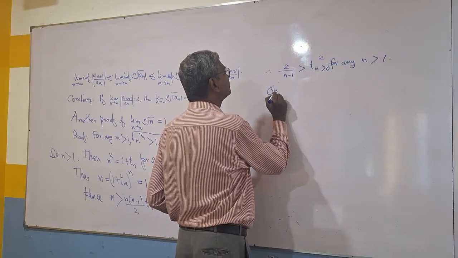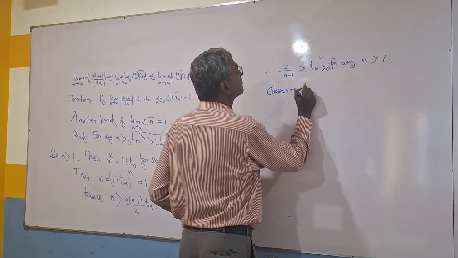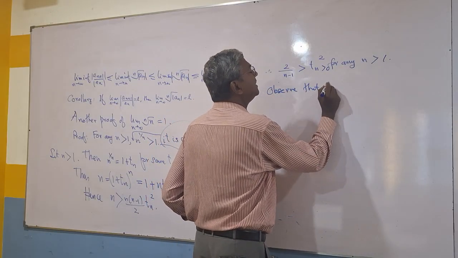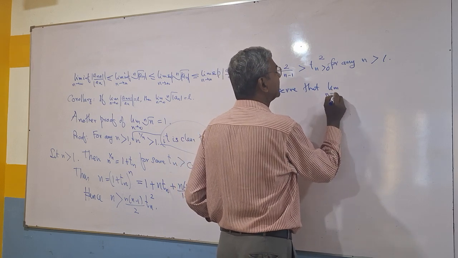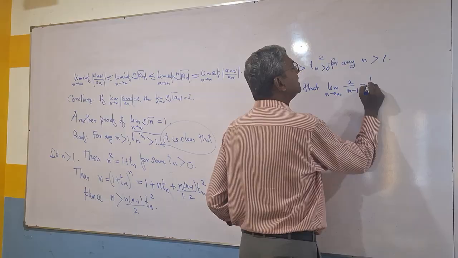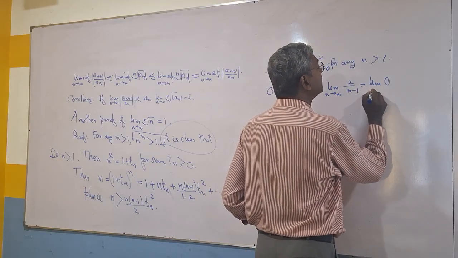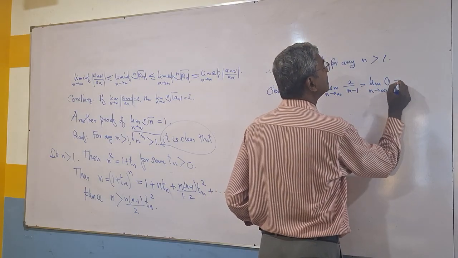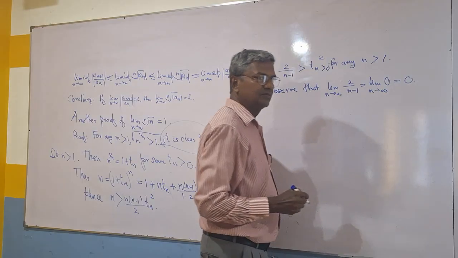Observe that the limit as n tends to infinity of 2 over n minus 1 and the limit of 0 are both equal to 0.